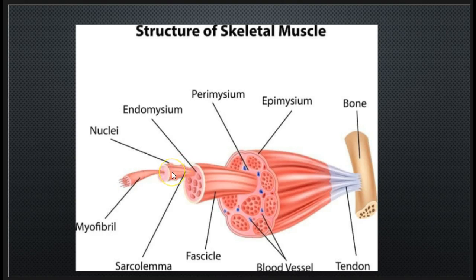This sarcolemma is then further surrounded by the endomysium, and the endomysium is another protective layer surrounding that. It's composed mostly of connective tissue, has some capillaries in there, so there's where our delivery of nutrients and expelling of waste occurs, as well as nerves, which are sending and receiving signals that allow these muscles to contract.